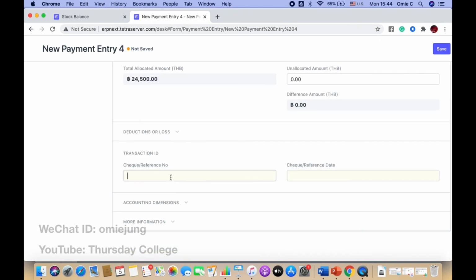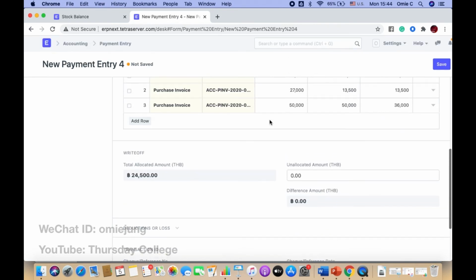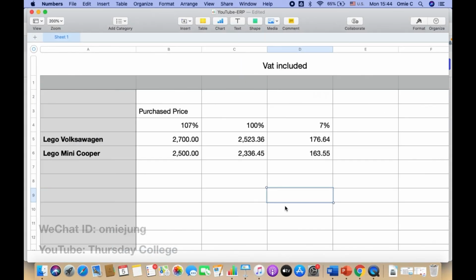Okay, so I just put the check, and then the check maybe for tomorrow. 1232540, minus 2500, minus 2500, 13500 and 50,000.